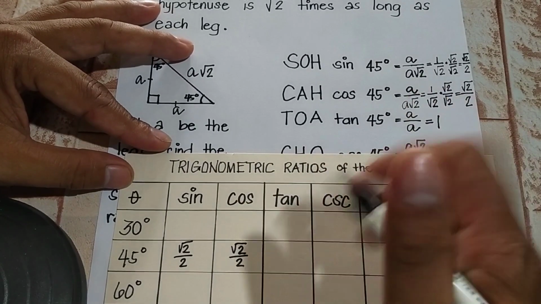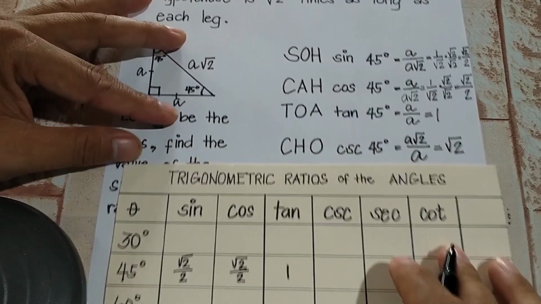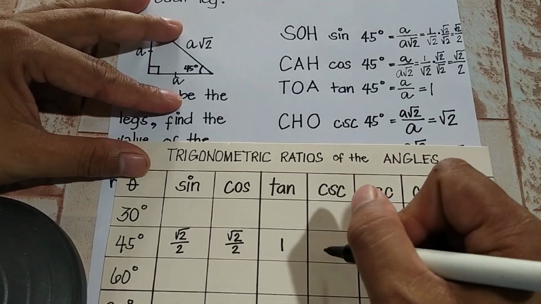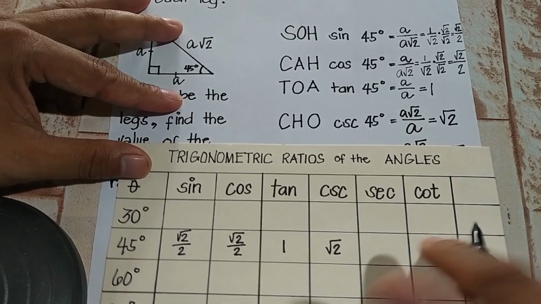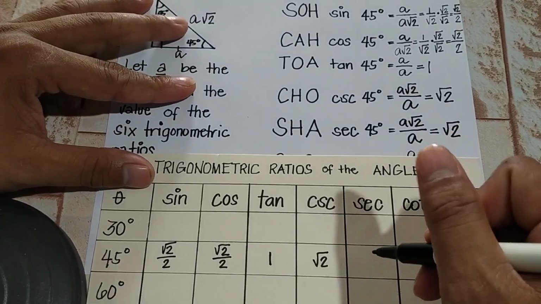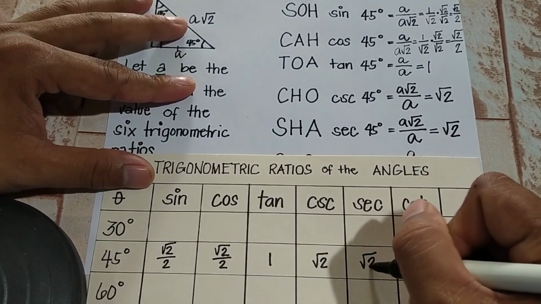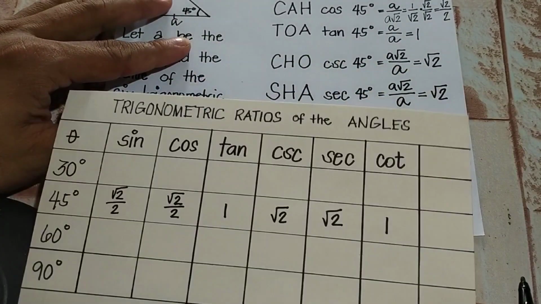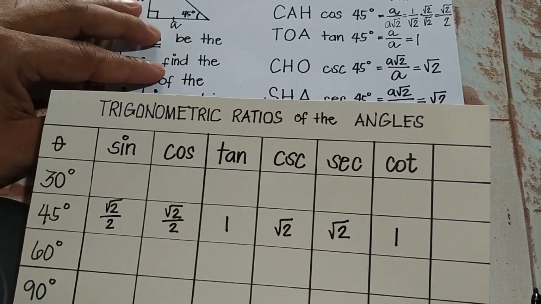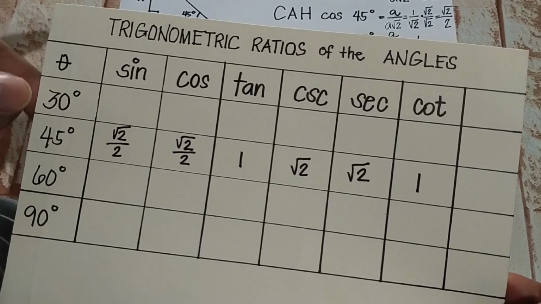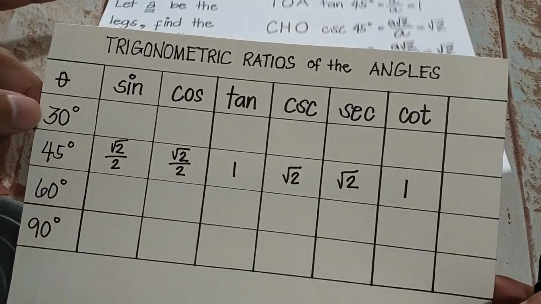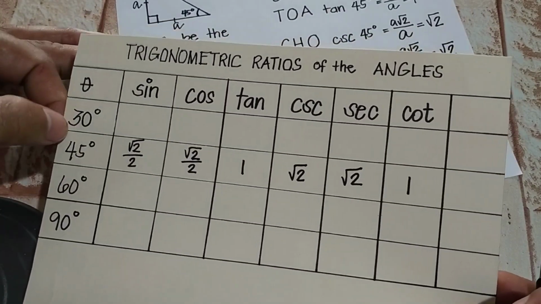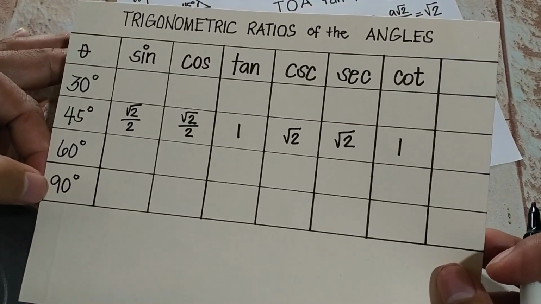For the tangent, that is equal to 1. And cosecant, we have square root of 2. While secant is square root of 2. And lastly, we have 1. Alright, so we have now our table of values. So let's move on in finding the values of the 30, 60, and 90.